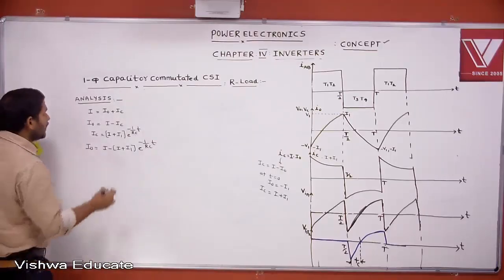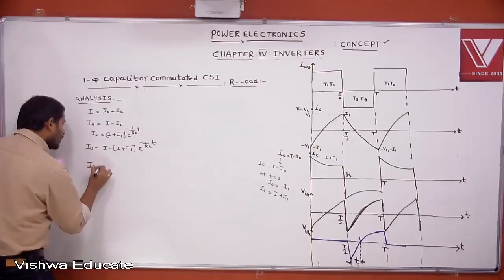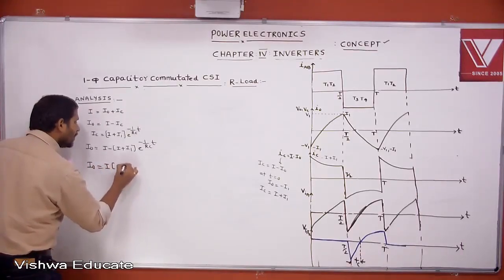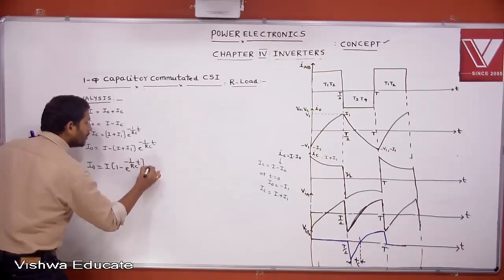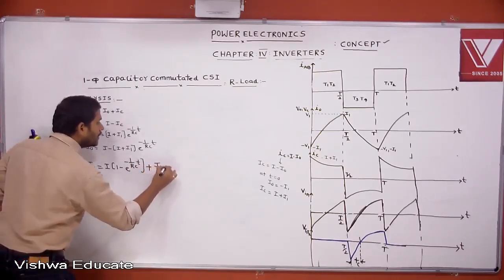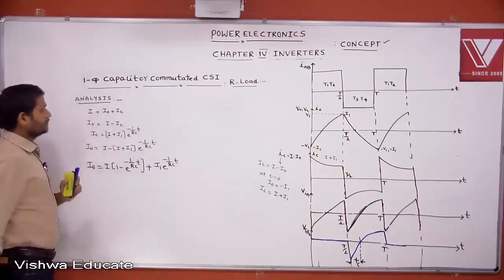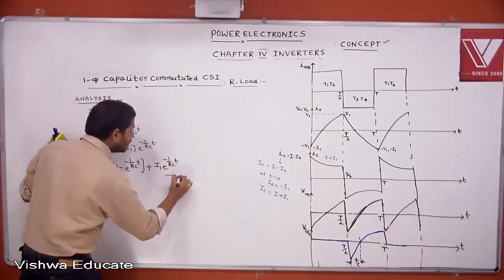Now take I common: I naught equal to I into 1 minus e power minus 1 by RC into t, plus I1 into e power minus 1 by RC into t. Let this be equation 1.